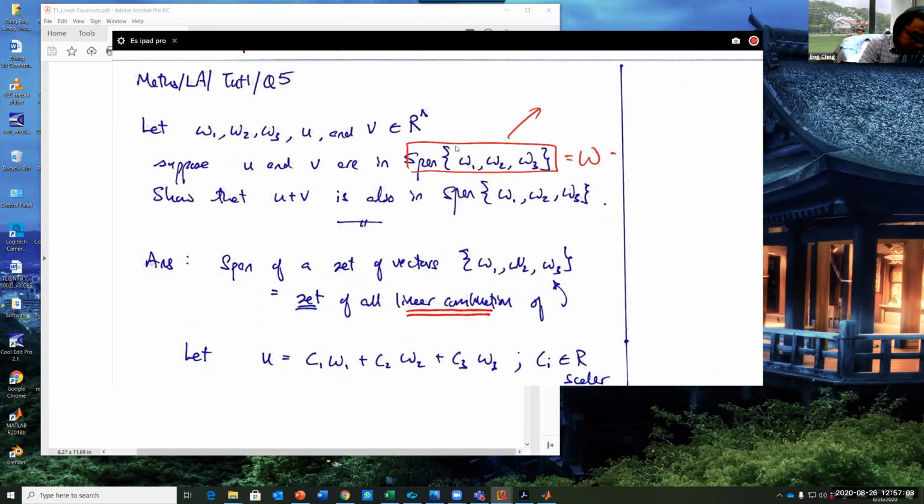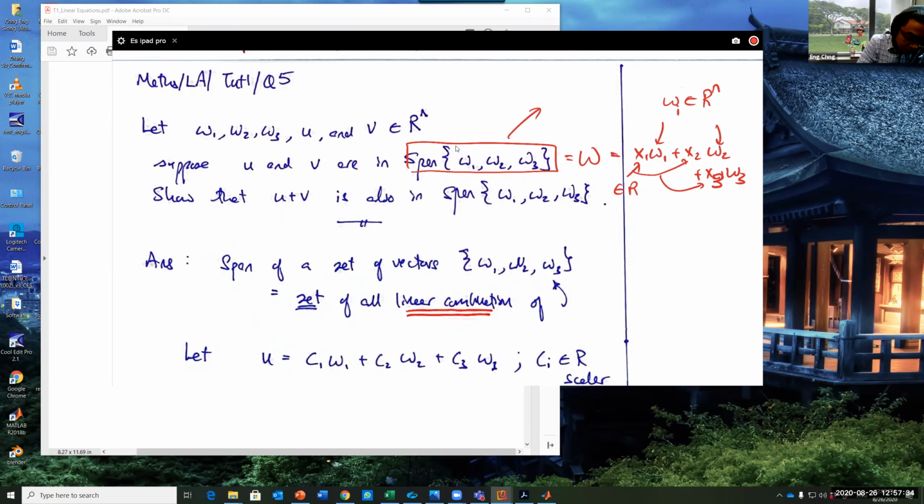A set of vectors that is, for example, some x1 multiplied by w1 plus x2 multiplied by w2 plus x3 multiplied by w3. X again are real numbers. Okay, all these x are real. But these w's are not real. The w's are in Rn. Okay.